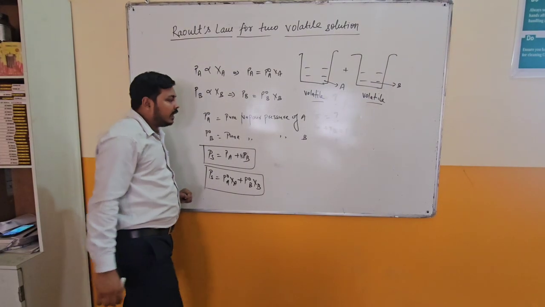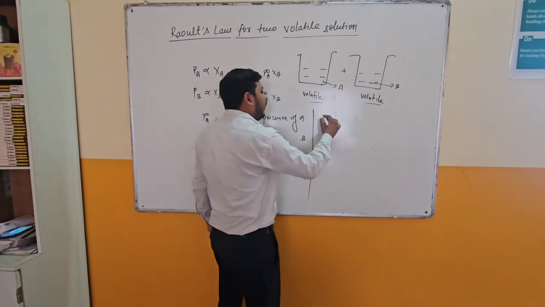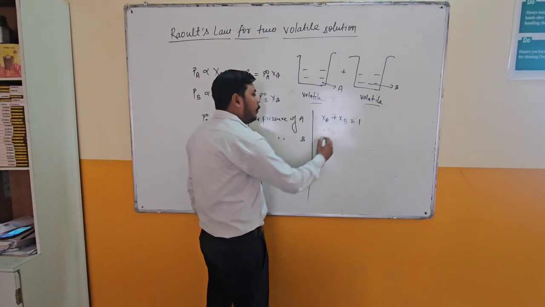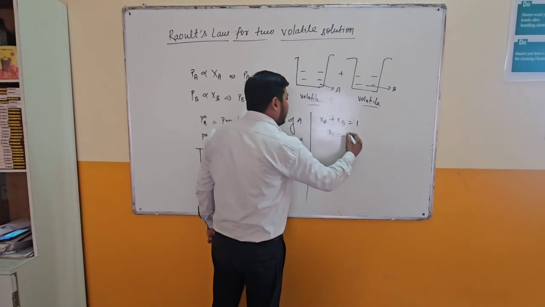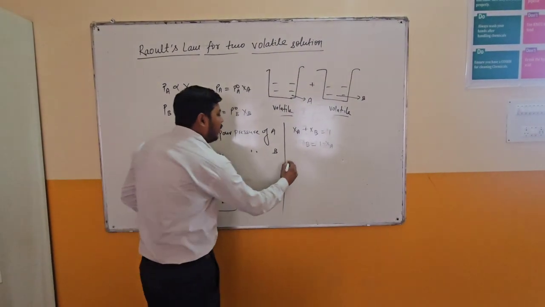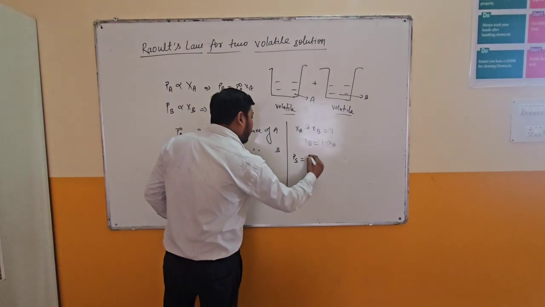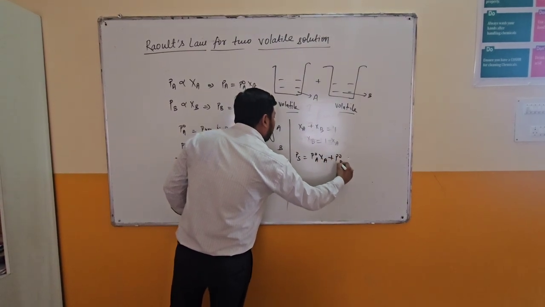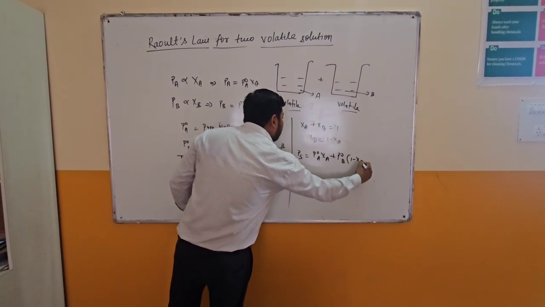We also know that the mole fraction XA plus XB is equal to 1. Putting this value, XB is equal to 1 minus XA. Then we obtain the equation PS is equal to P naught A into XA plus P naught B into 1 minus XA.